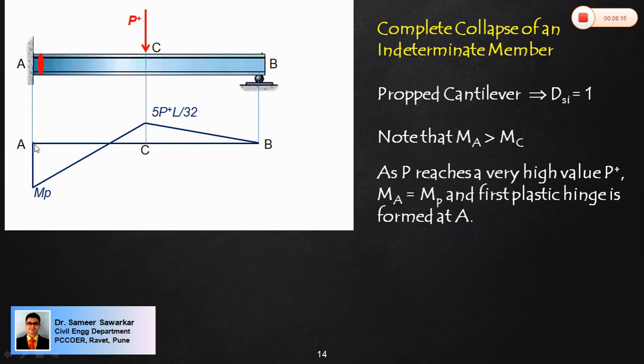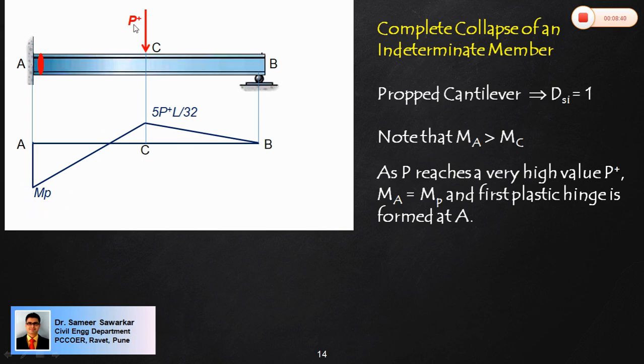MP depends upon sigma y and ZP, because MP itself is sigma y into ZP. Sigma y is the material property, ZP is the section property.